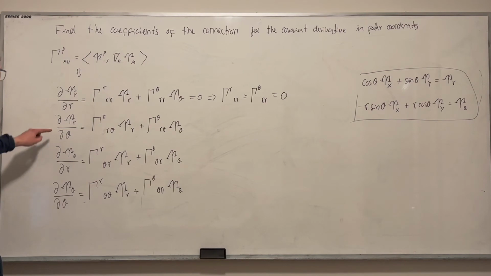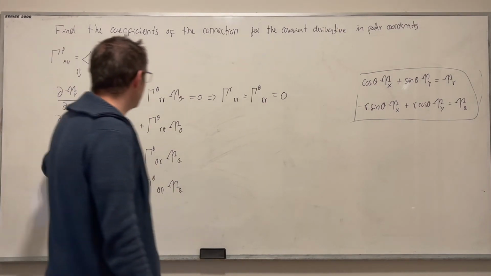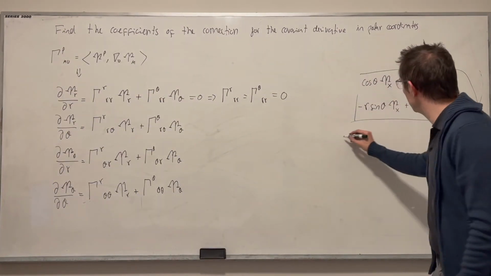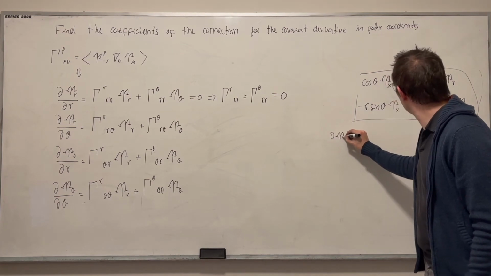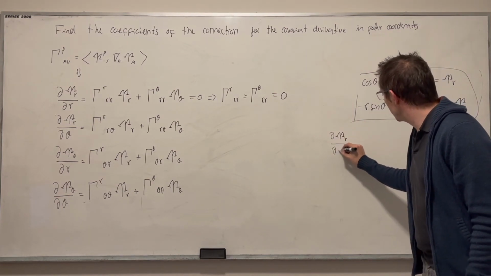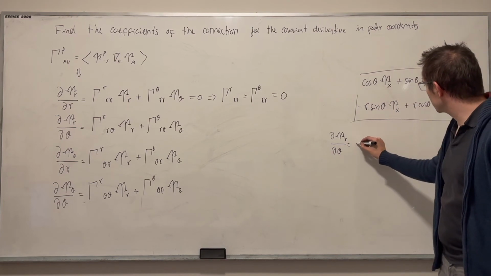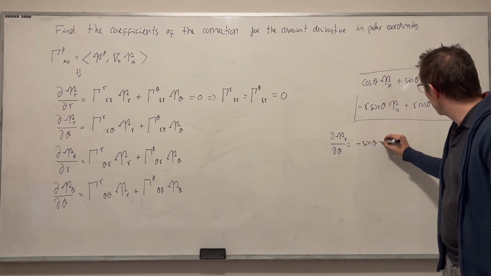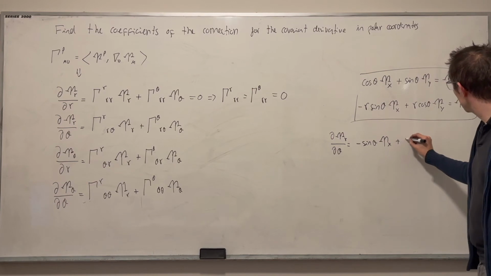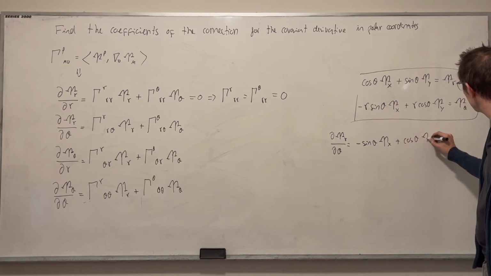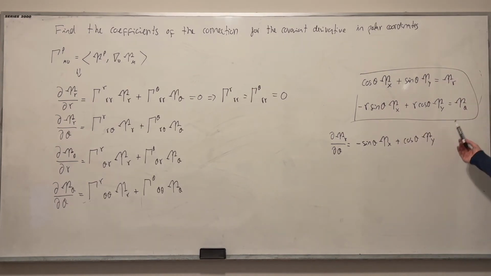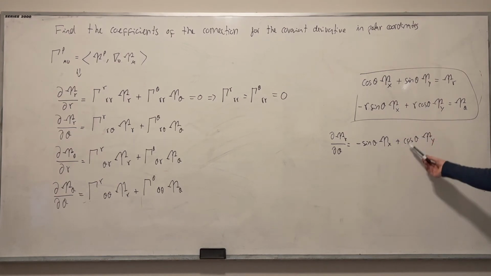All right, what about theta? Well, let's compute the derivative here. Partial epsilon r with respect to theta. What is that? Well, the cosine gives me the minus sign, so minus sine theta epsilon x plus cosine theta epsilon y. But if we compare with epsilon theta, we see that it's almost there, only divided by r.